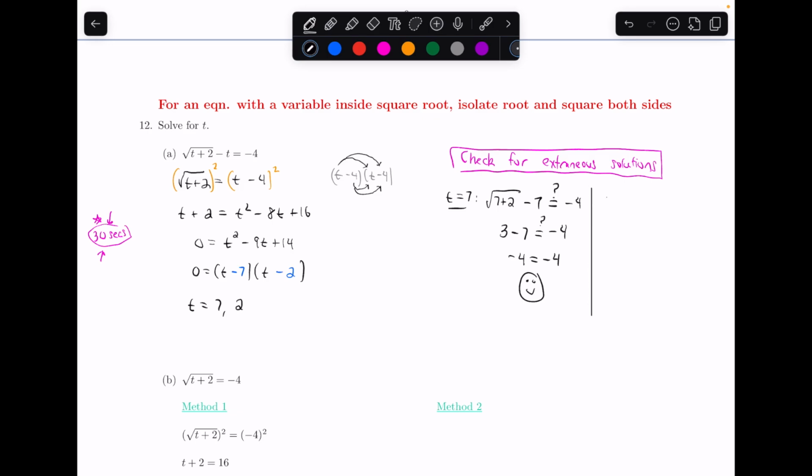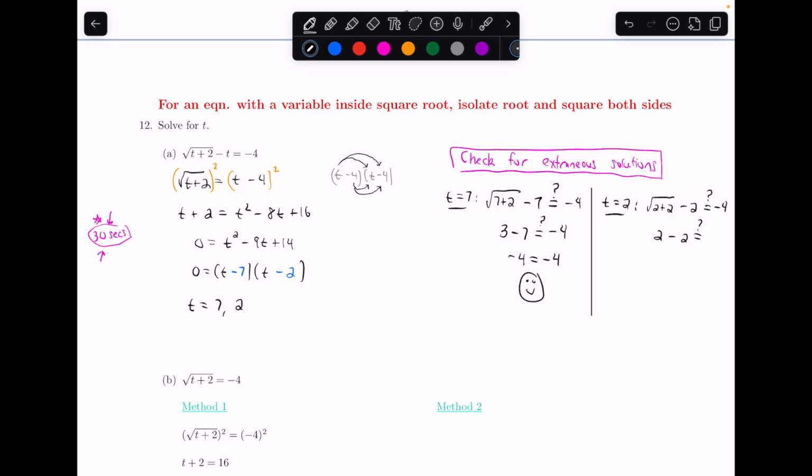Now let's test out t equals 2. On the left I'll get the square root of 2 plus 2 minus 2, equals question mark negative 4. So I get the square root of 4, which is 2, and then 2 minus 2.